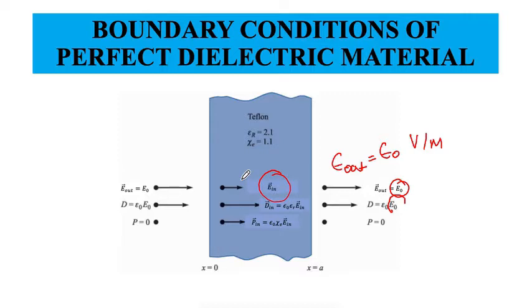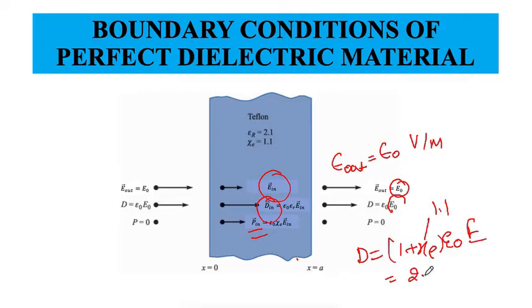Well, all I can say about the electric field inside the dielectric is this: E stands for the field inside the dielectric, and P is the polarization vector, the dipole moment density, and the D vector would be 1 plus susceptibility times epsilon naught E. The susceptibility value is 1.1, so it will be 2.1.